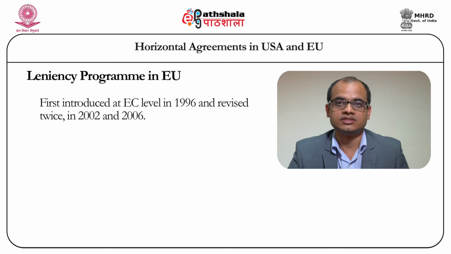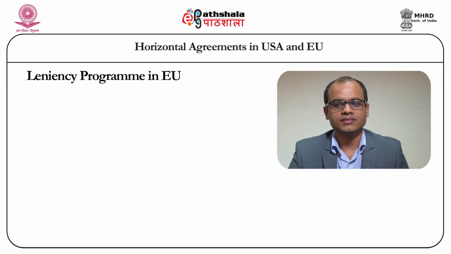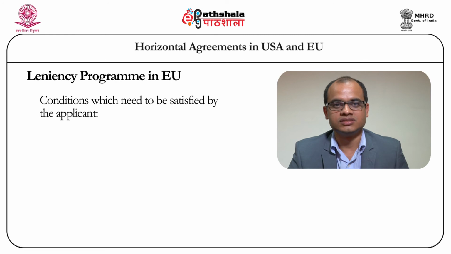The last revision took place in 2006, and the EU Commission can grant immunity from any fine that otherwise would be imposed on an undertaking that discloses to the Commission its participation in a cartel affecting the European Union, provided that the undertaking is first to submit information and evidence. And there are other conditions also which need to be satisfied.